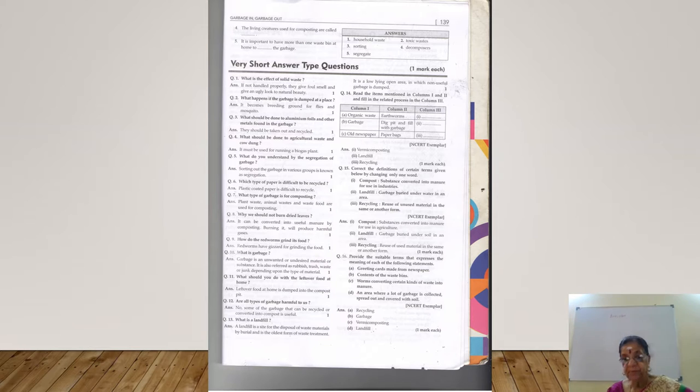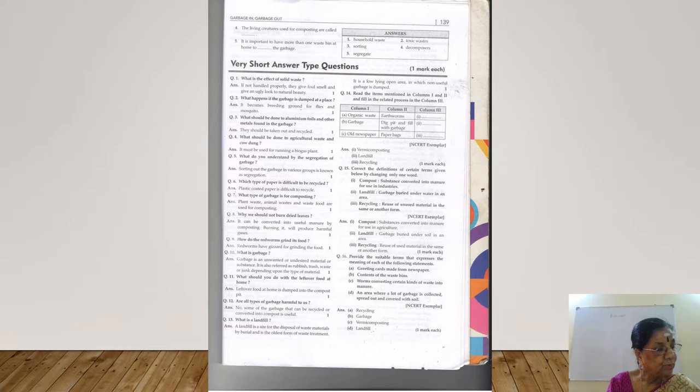Then which type of paper is difficult to be recycled? Plastic coated paper. இப்போ நம்ம இந்த brown paper எல்லாம் நிறைய ஒரு மாதிரி coating வருது இல்லையா, அதெல்லாம் cannot be recycled. So plastic coated paper is difficult to recycle.